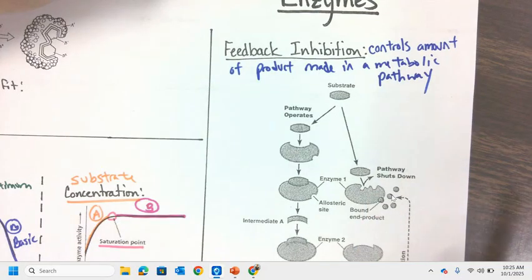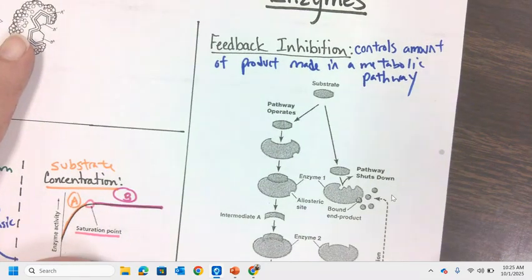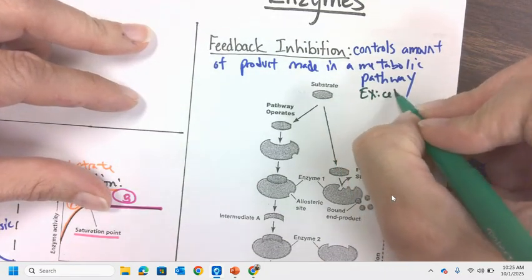How does it do this? Well, basically, the end product is going to inhibit an early enzyme in the pathway. So let's use as our example here cellular respiration.